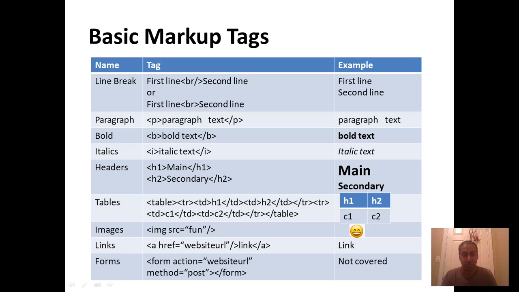Note that in HTML, usually, if you put more than one space between two words, it'll always show up as one space at most, unless you use the paragraph tag.